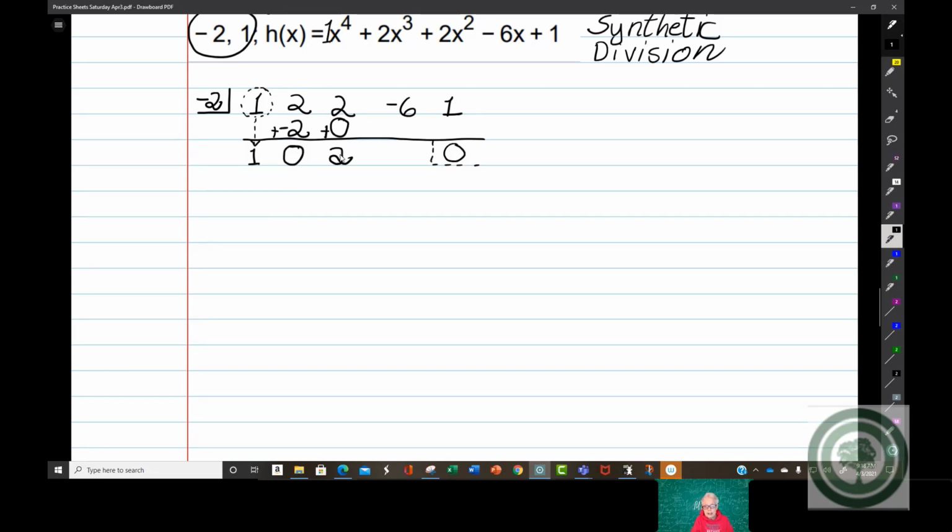And then I take this number and I multiply it by the number in the backwards L. 2 times -2 is -4. -6 plus -4 is -10.